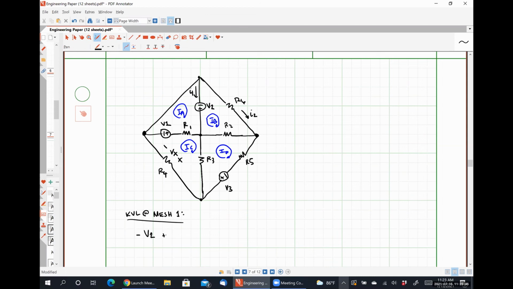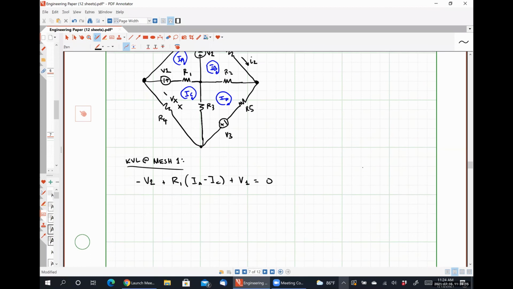Then we would have our resistor R1 multiplied by mesh current IA minus mesh current IC, plus V1 is equal to 0. Does anybody have any problems with that KVL equation? Looks good.